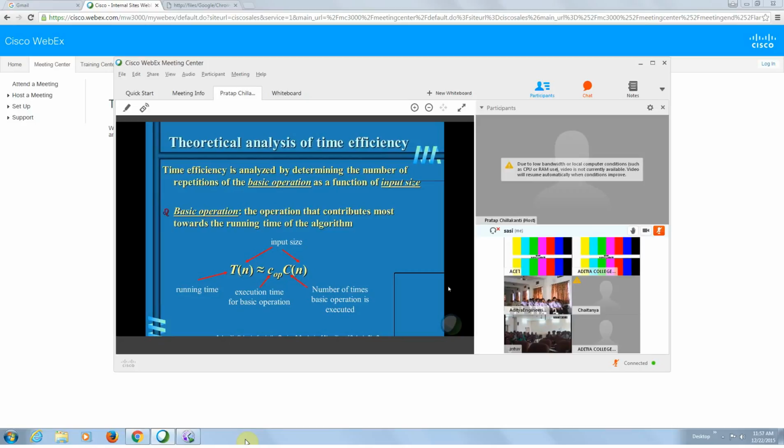Let's say if I'm sorting 100 names, I know the size of the input is 100 names, right? So that is the input, and then we see how many times you have to repeat the process. And then you have the basic operation, which means the operation that contributes most towards the running time of the algorithm.